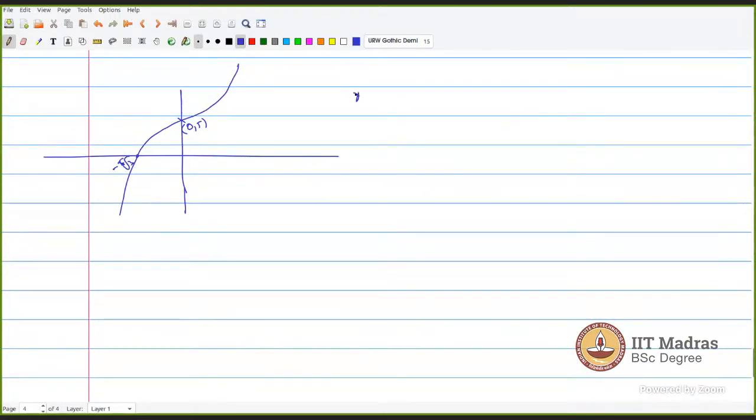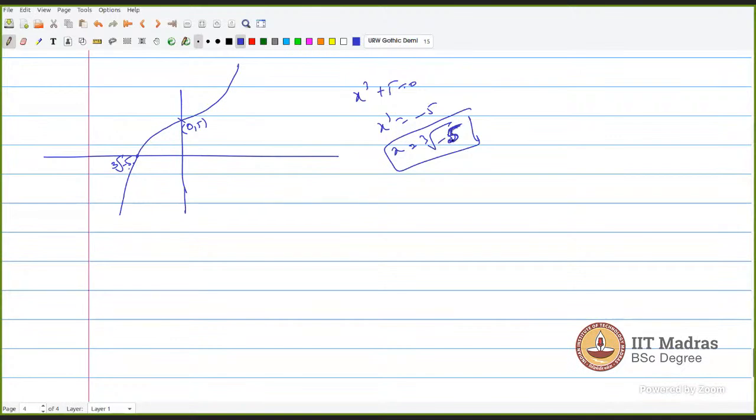Setting x cube plus 5 to 0, x cube is minus 5, so x is the cube root of minus 5. Is this not a real root? Root under minus 5, I think it's complex.